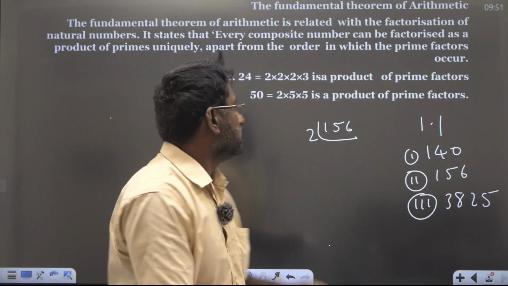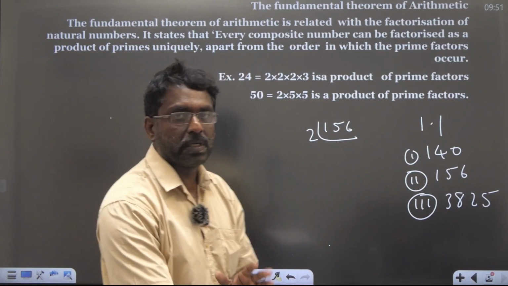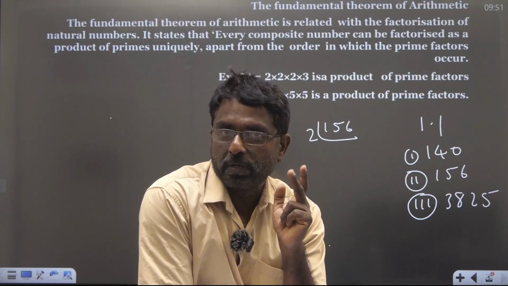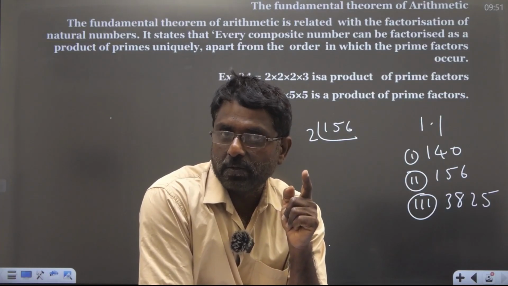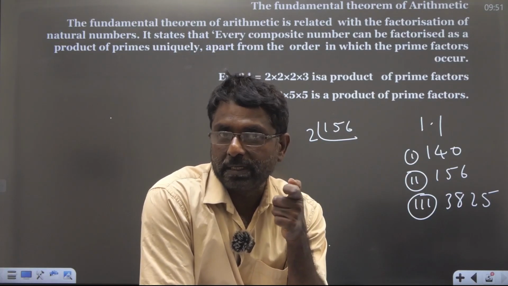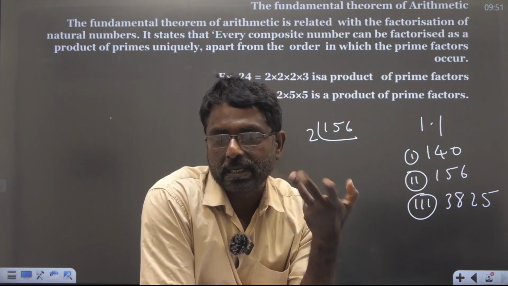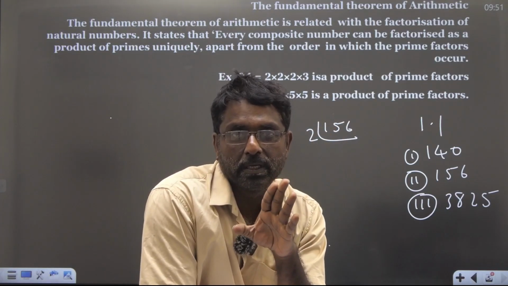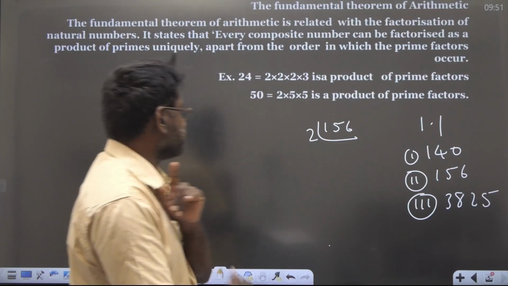All other prime numbers are odd numbers. 3 is an odd number. The prime number 5 is an odd number. The prime number 7 is an odd number. The next prime number 11 is an odd number. The prime number 13 is an odd number, etc. Only 2 is the even prime number, right?